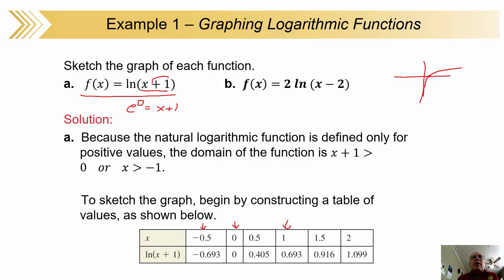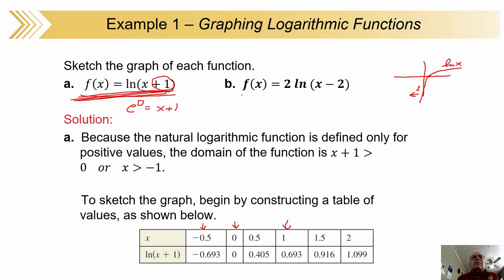And because it's a plus 1, that means you could get this graph by taking the original natural logarithm of x and moving it 1 unit to the left. So if you could graph this one, grab a hold of it, pull it to the left 1 unit, you'd have the graph of this new one.